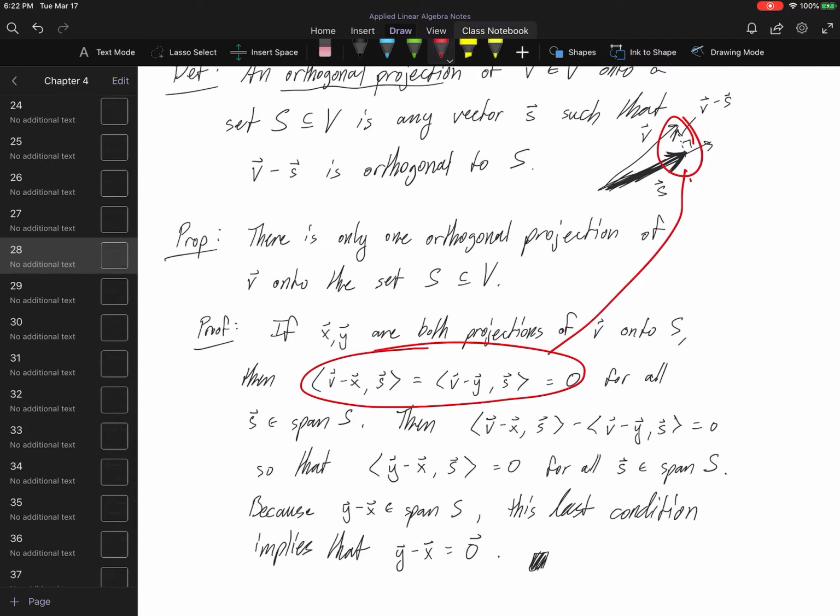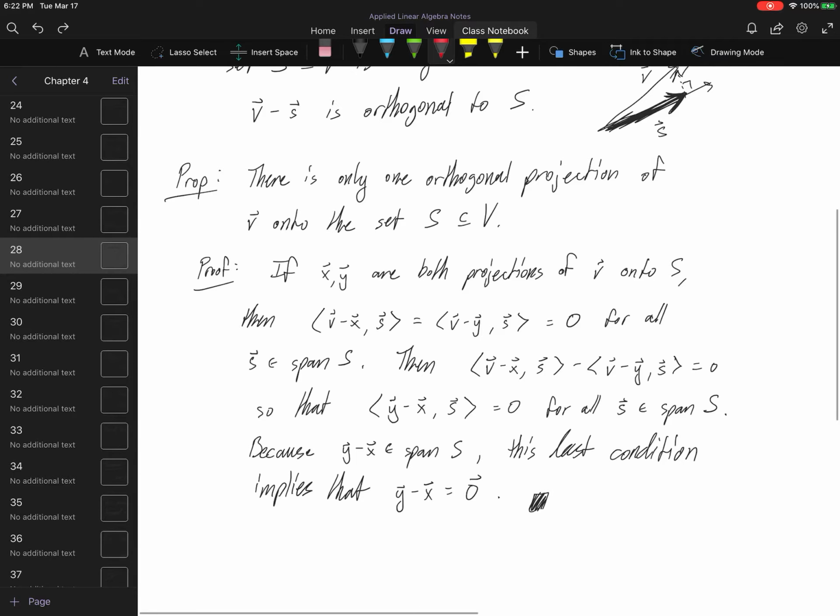Okay, this is all we're saying. That there is some s, or in fact, no, this is going to have to work for all s if we're in the complement, or if we're orthogonal to that set. Then there is this relation for every s in the span of S. Okay, so we are orthogonal to everything in S. And that's important here.